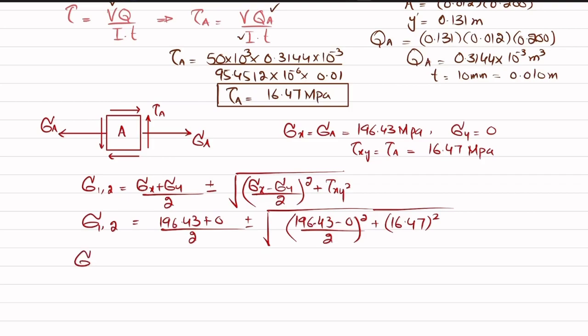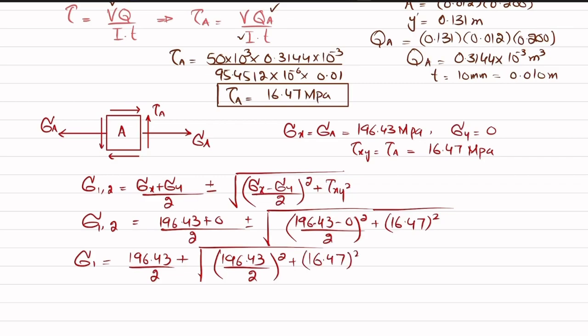So again sigma 1 will be equal to 196.43 divided by 2 plus square root of 196.43 divided by 2 whole square plus 16.47 whole square. And when you calculate it, you will get 198 megapascal.